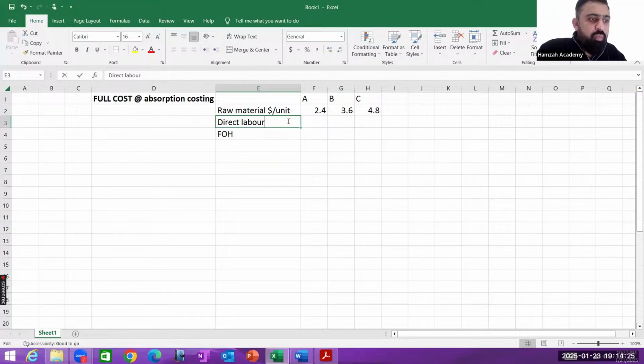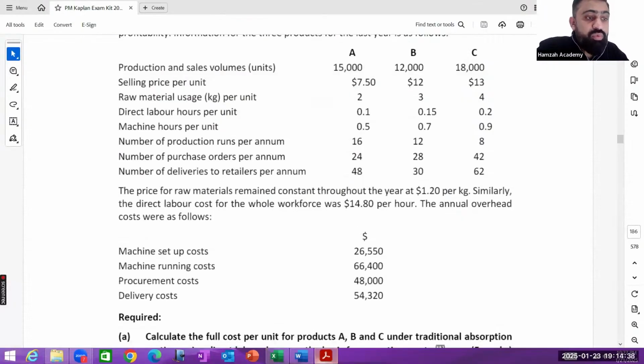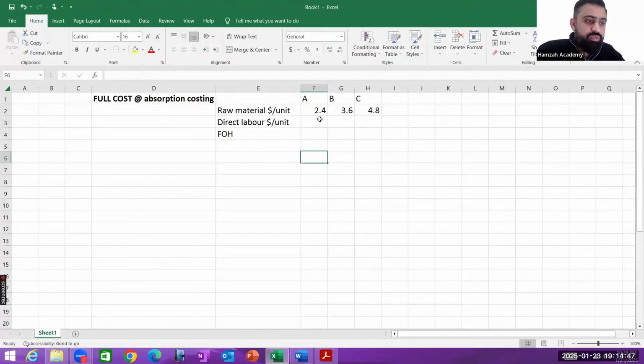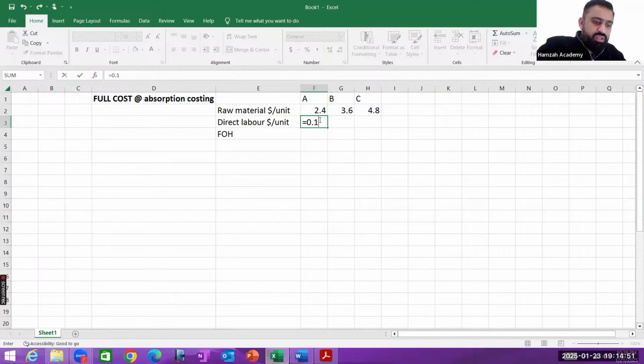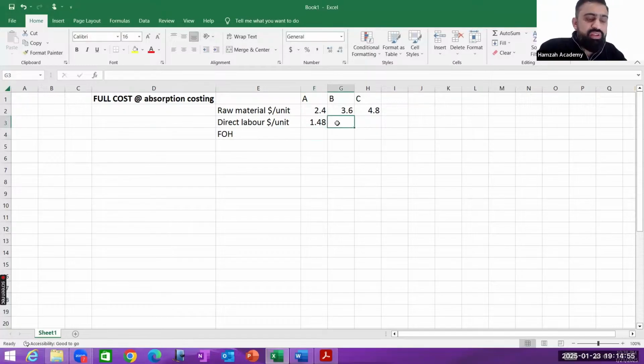Then we need the direct labor cost per unit. For the direct labor cost, we need 0.1, 0.15, and 0.2 hours, and the rate is 14.8. So for A we take 0.1 into the rate, which is 14.8, and that will be the direct labor cost.